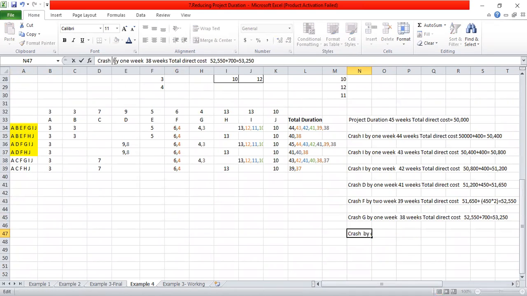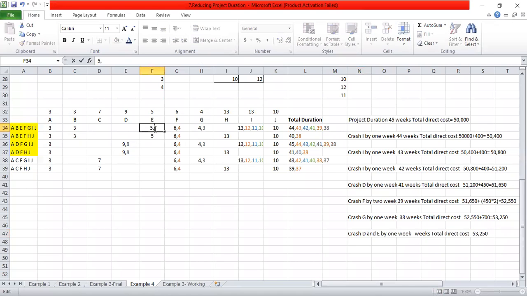Crash D and E by 1 week. So the weeks will go down and the total direct cost will change.